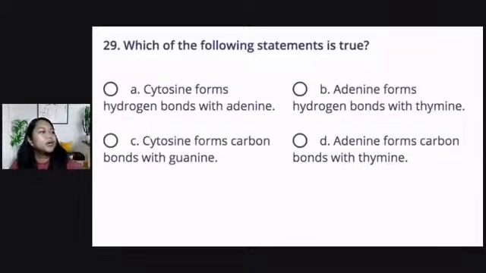Okay, what's your choice for 29? Number 29.